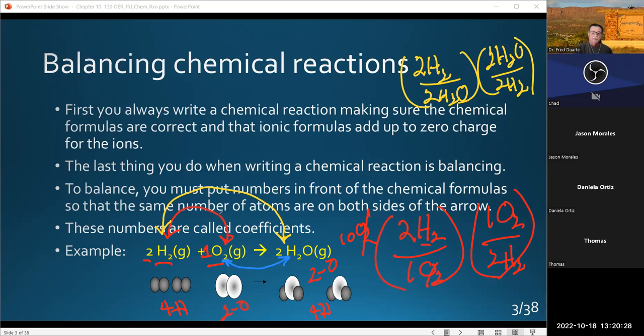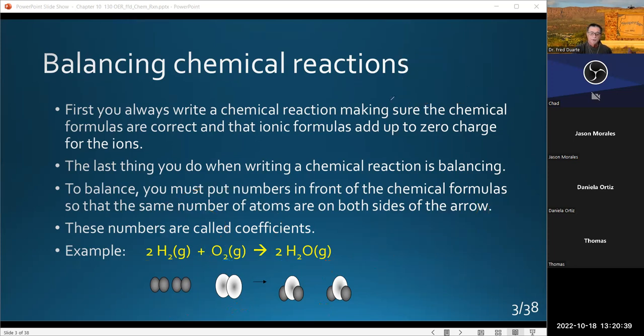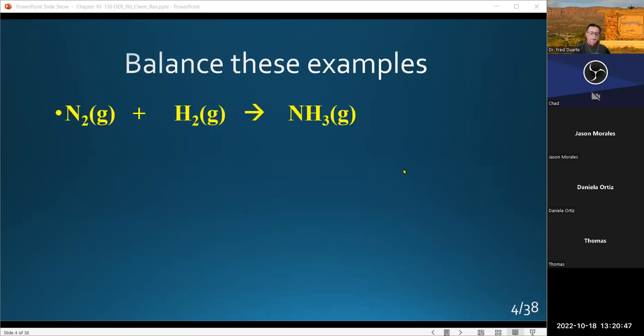All right, so that balancing gives us that ratio relationship between reactants and products. So that's why it's crucial that we learn how to balance them, because that ratio is going to be important in the calculations that we're going to eventually be doing.